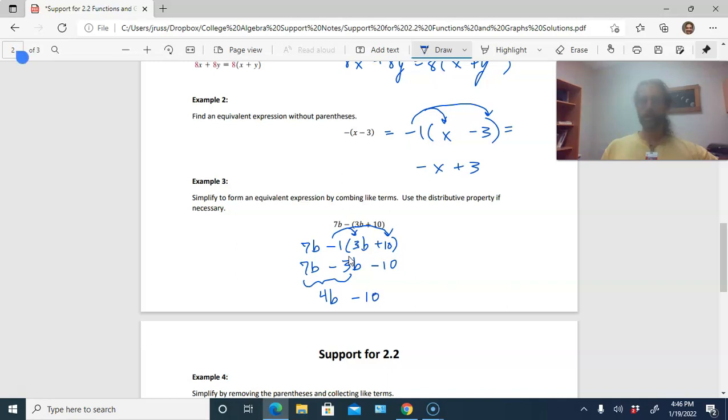So you just bring it down, and that's as far as we can go. Because at this point, these two terms are unlike, so we cannot combine them. So we're going to have to stop there. But you can see we did simplify this original expression. You know, we turned it into essentially 3 terms to 2 terms.